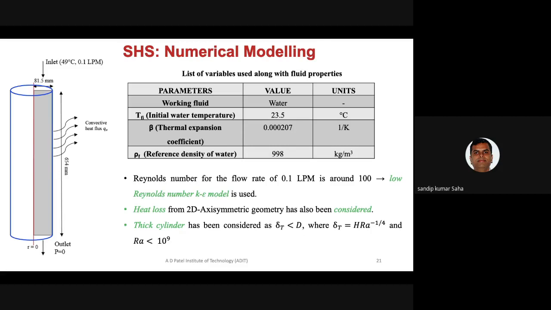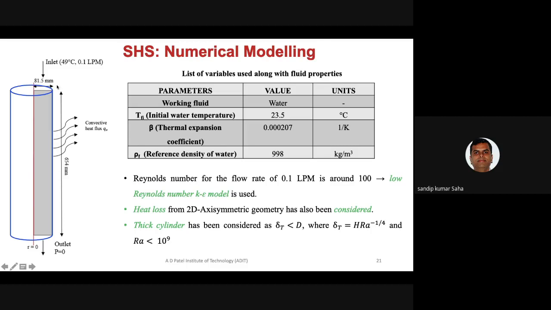So if you take z along the height, dT/dz, if it is very small, then the storage will not be very high. So in a thermocline type of system, our aim is always to get dT/dz very high.